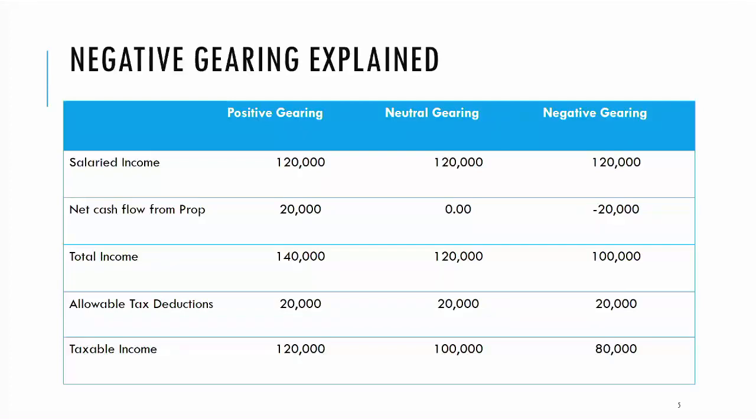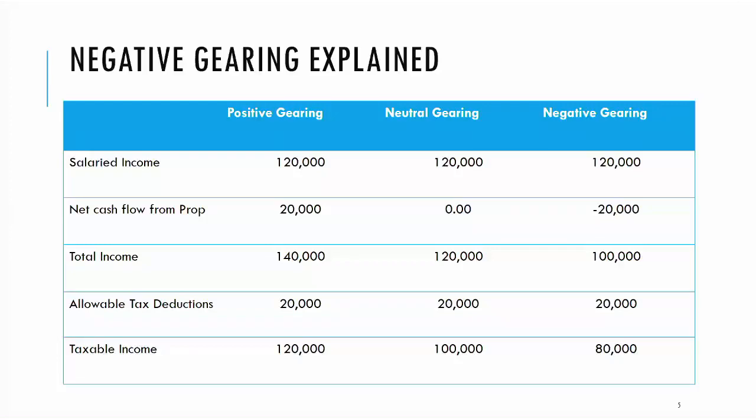Net cash flow from property 20,000. And now your total income is 140,000. So when you have investment property, you can claim your tax. We will talk about that later. You have allowable tax deductions, 20,000. So your taxable income is 120,000. So you'll be taxed on 120,000.